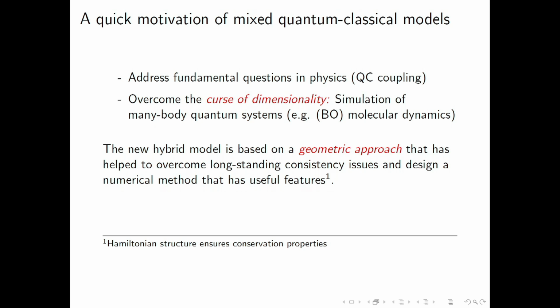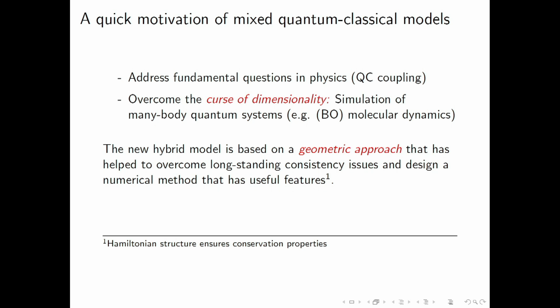So of course there are many ways to motivate mixed quantum-classical models, but here I focus on two of them. First of all, mixed quantum-classical methods can be used to address fundamental questions in physics. On the other hand, and this is maybe more related to the talk I'm giving here, is to overcome the curse of dimensionality, at least to some extent.